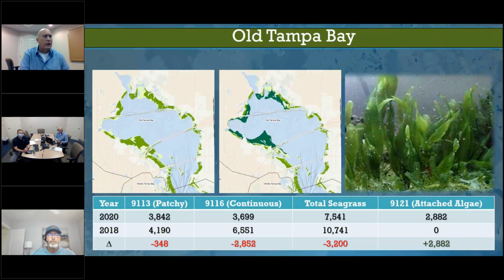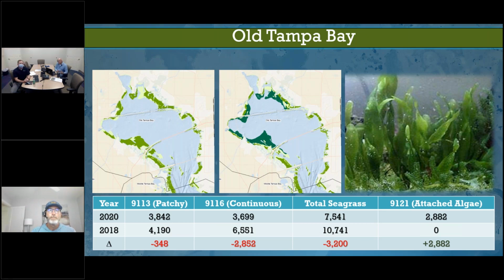I want to focus on Old Tampa Bay specifically, because I think this is an interesting phenomenon that, while it has happened in other bay segments, it seems to be, at this magnitude, unique to Old Tampa Bay. In other words, what we've seen here is that shift from grass to algae.